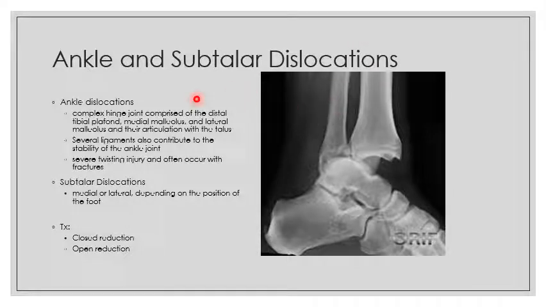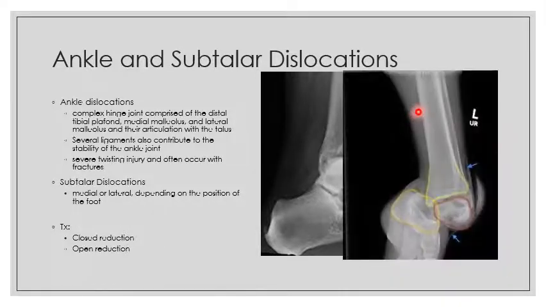So ankle dislocations, it is a complex hinge joint, and as the ligaments already mentioned, so usually it's secondary to a severe twisting injury, and most often than not, there's a fracture involved. Subtalar dislocations are not too common, but could happen medial or lateral depending on the location of the foot.